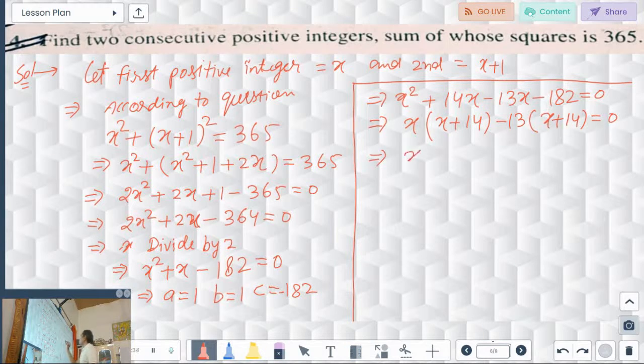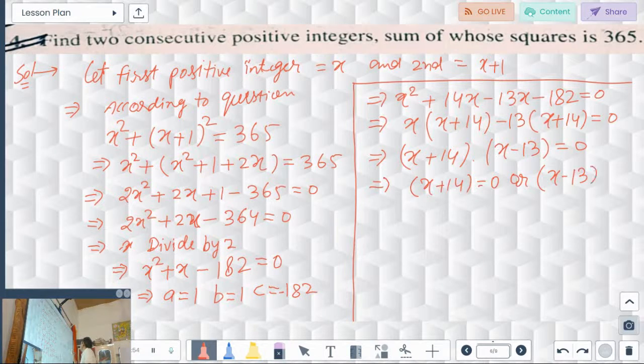The factors are x plus 14 and x minus 13, so x plus 14 equal to 0 or x minus 13 equal to 0.